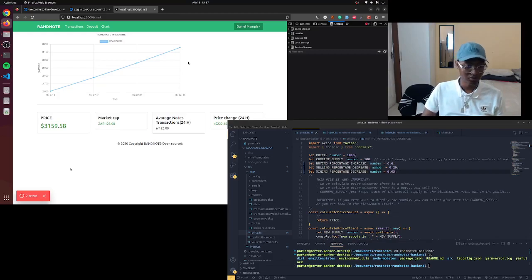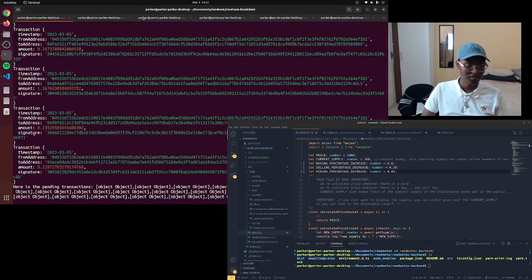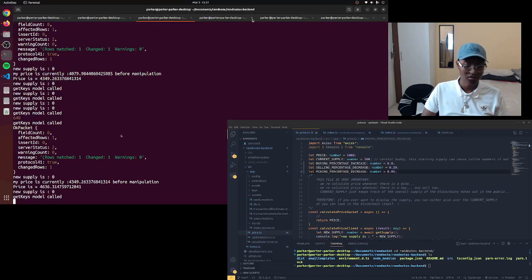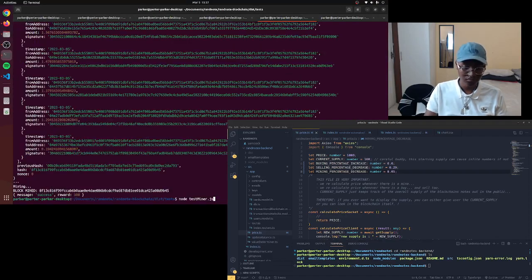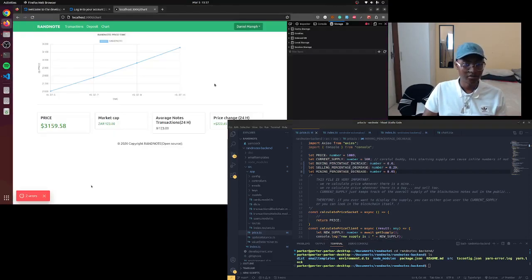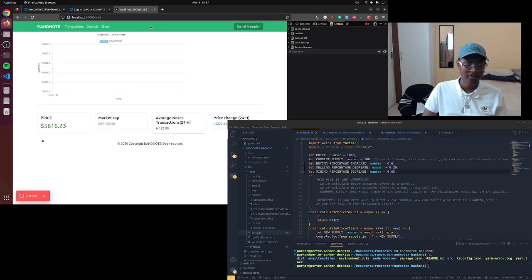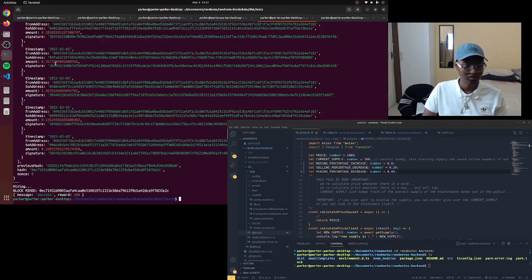Do we have a problem in the back end? Okay, there's nothing wrong. We'll mine that and let's see what happens. The price is not moving. Price is at 5,000. 5.9.